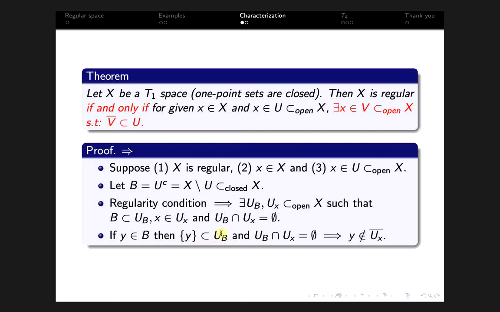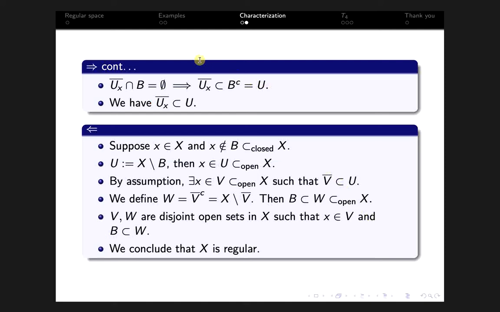So UB is an open neighborhood of y, because UB is open containing this point y, and UB intersection UX is equal to the empty set. This implies y is not in the closure of UX. Therefore we have UX closure intersection with B equal to the empty set.